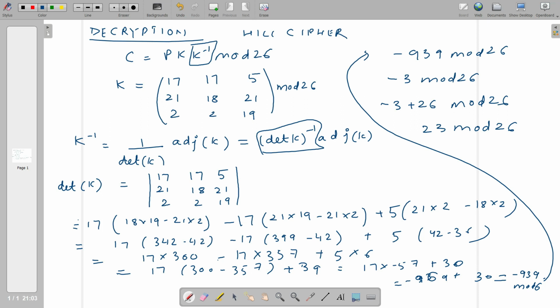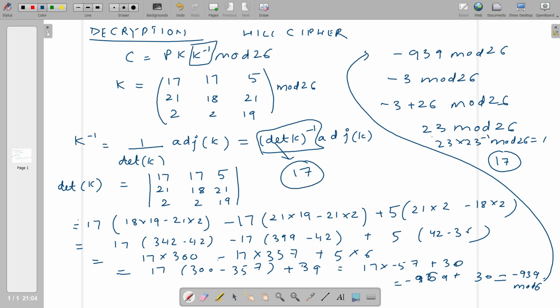It means 23 into 23 inverse mod 26 comes out to be 1. We know many algorithms to calculate an inverse under mod 26, and you can use any one of them. If you calculate 23 inverse mod 26, it comes out to be 17. So the value of determinant K inverse here is 17.